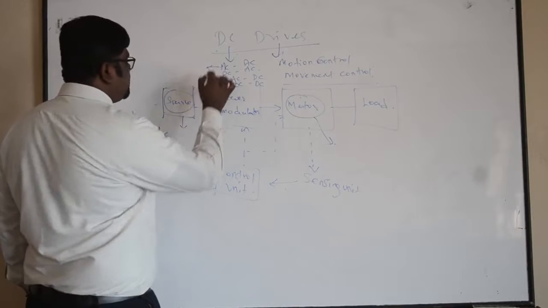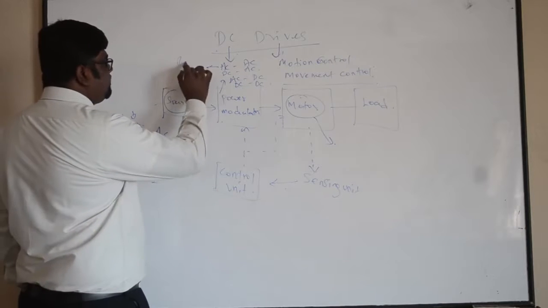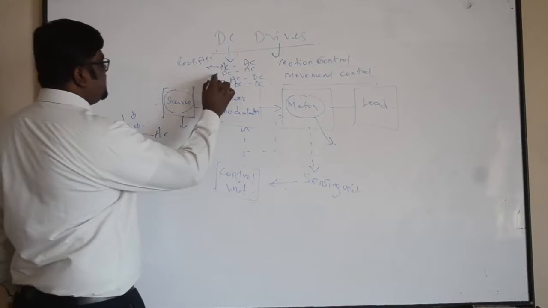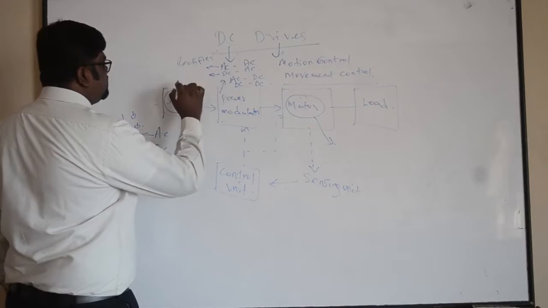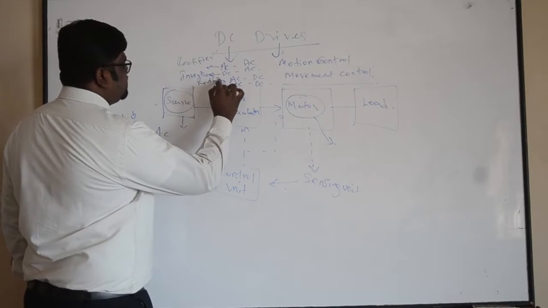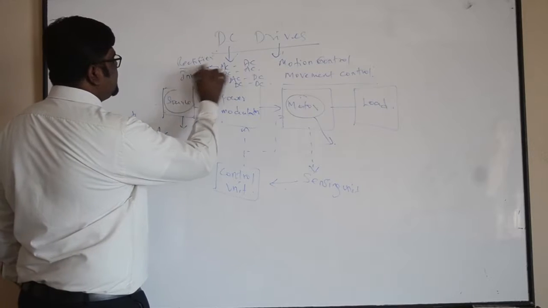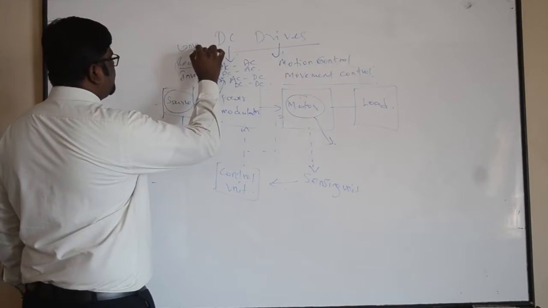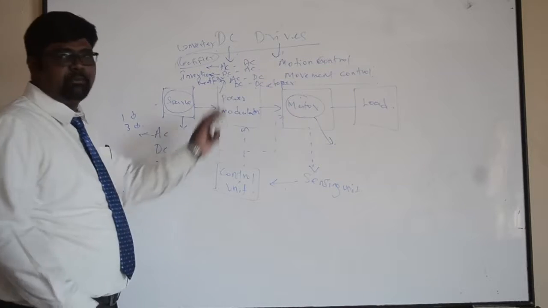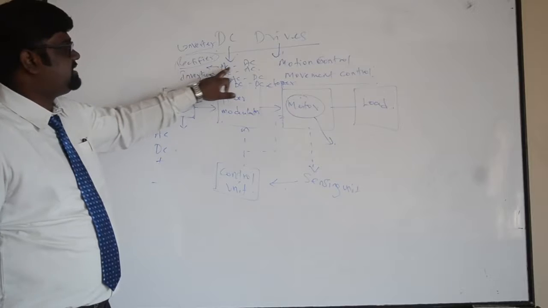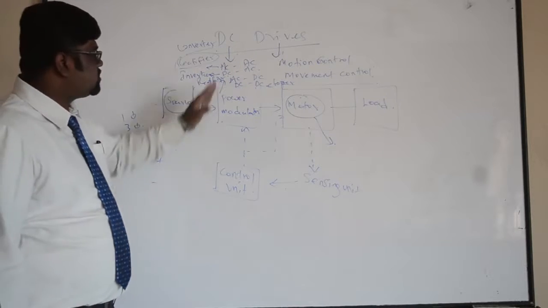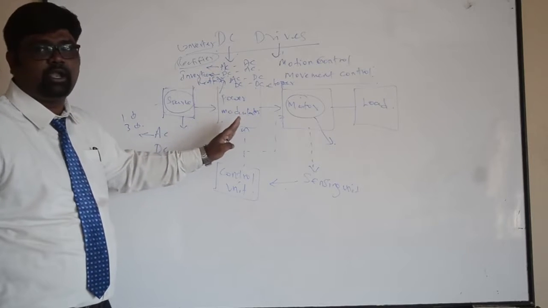AC to DC, we already know, is a rectifier, and DC to AC is an inverter. This one we can say is a converter, and this one is a chopper, fixed DC into variable DC. Here fixed AC into variable AC, even with frequency changes, can use a cycloconverter. So all these functions are happening in the power modulator.